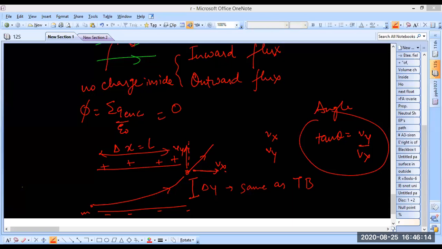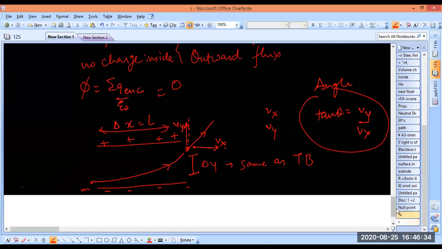The net charge in the region where electric field is uniform at all points is always zero. Yes, except where the field lines start and where the field lines end.